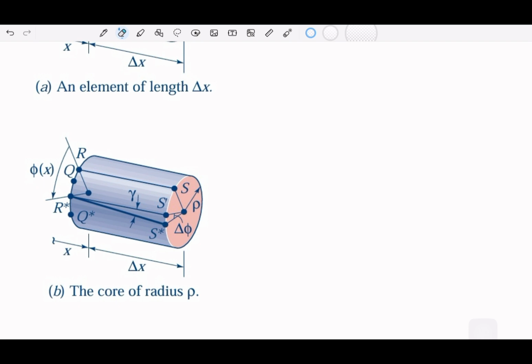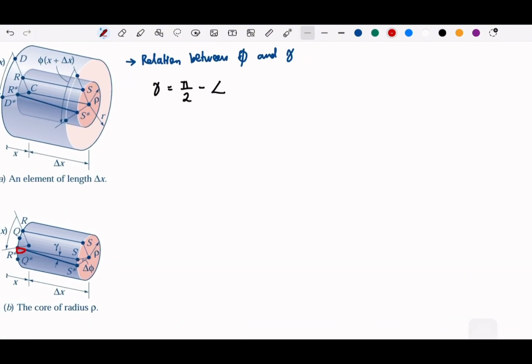So QRS, and we can see this is the angle. Basically, the shear strain is this small angle here, which we imagine as pi over 2. So this will be pi over 2 minus the angle QRS.